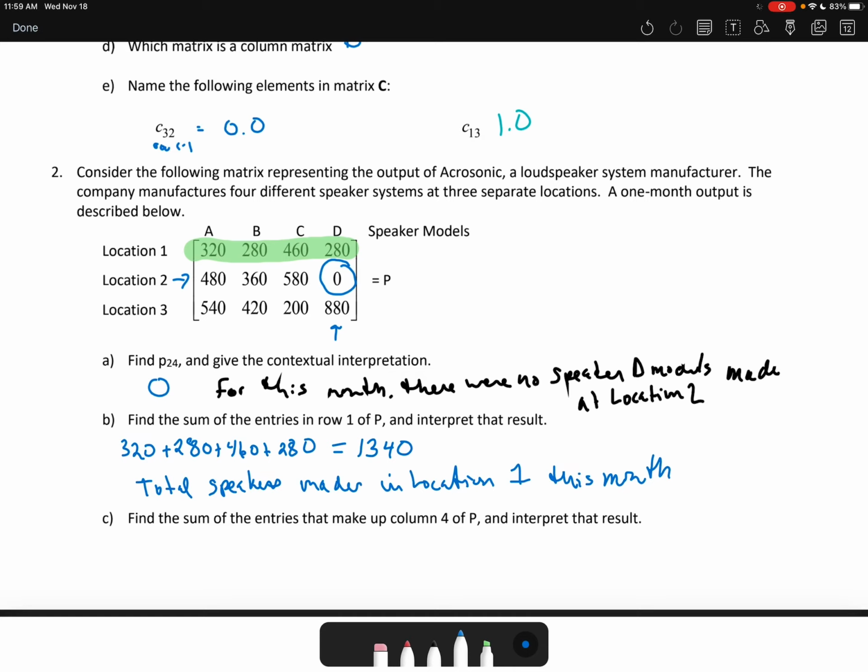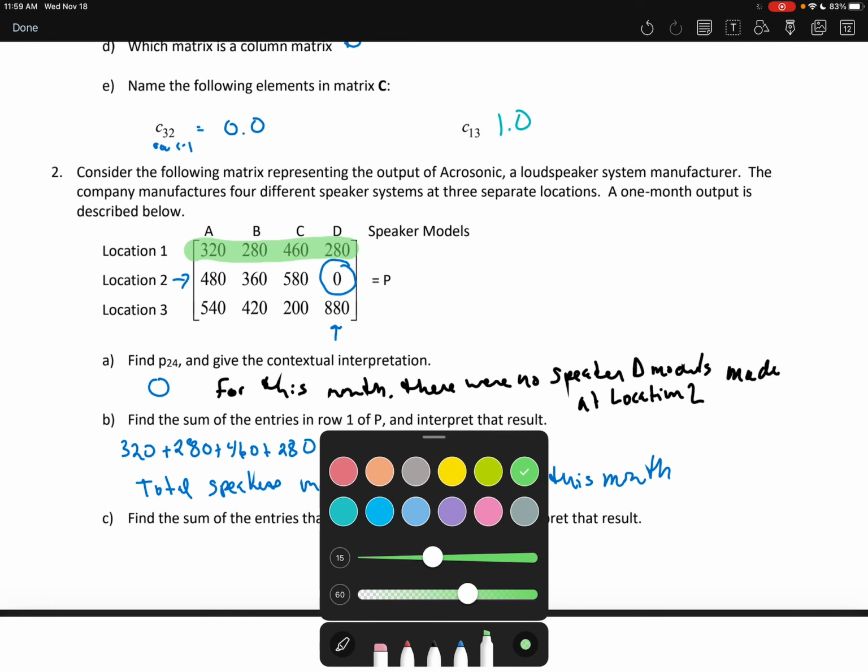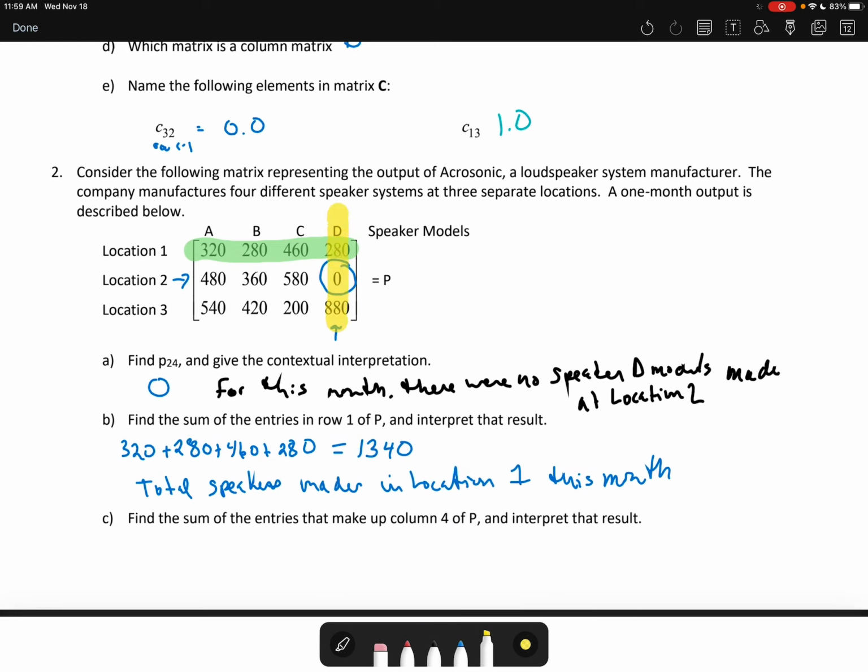Find the sum of the entries that make up column 4 and interpret that result. Okay, so column 4 would be this column. Find the sum there would be 280 plus 0 plus 880. So 1,160.